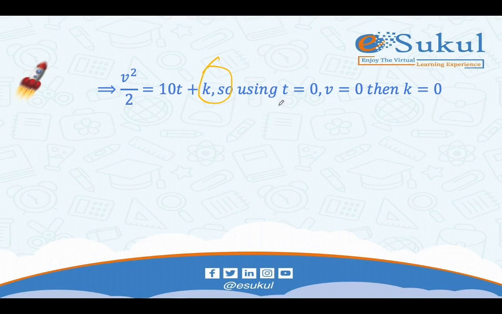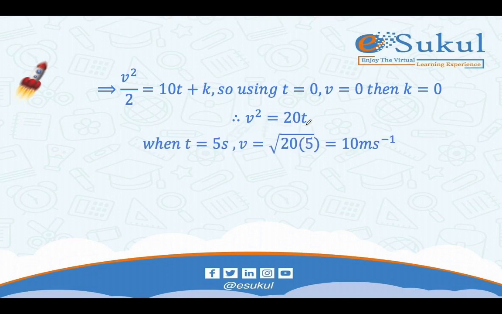Using the initial conditions, we clearly have k to be 0. Then substituting back in our original equation, we see that v squared becomes 20t. So therefore, when t is 5 seconds, we have v as 10 meters per second.